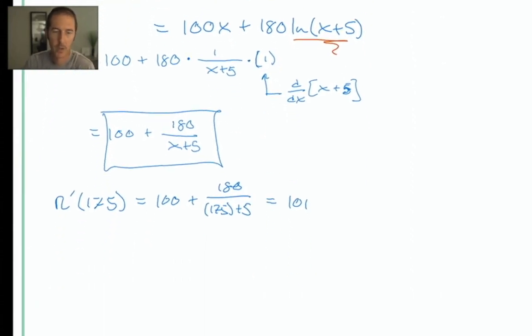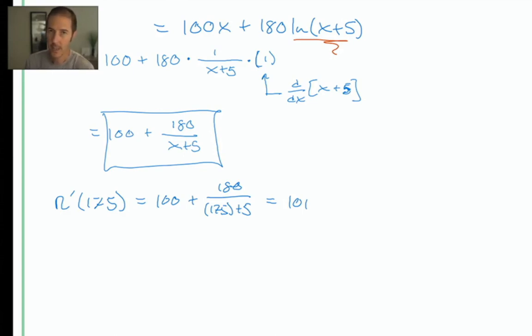So again, the marginal revenue at the point where you're producing 175 units is equal to $101. And what that means is that, because 101 is positive, your revenue would increase by $101 if you were to move forward and produce 176 units.